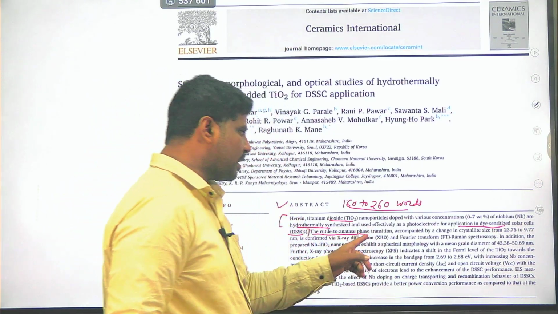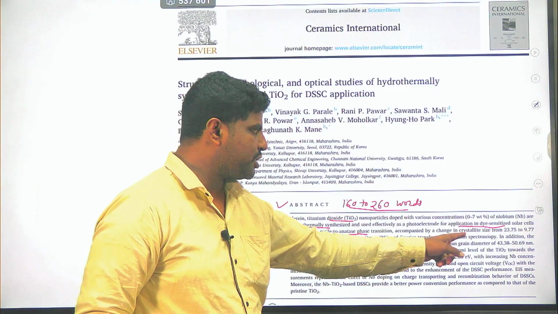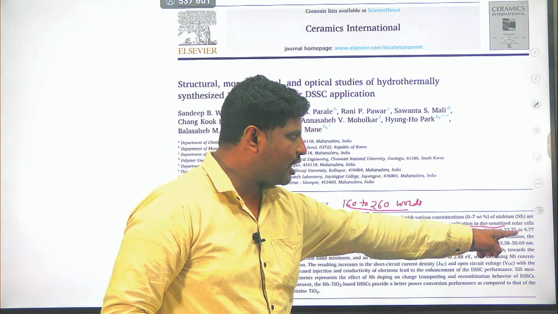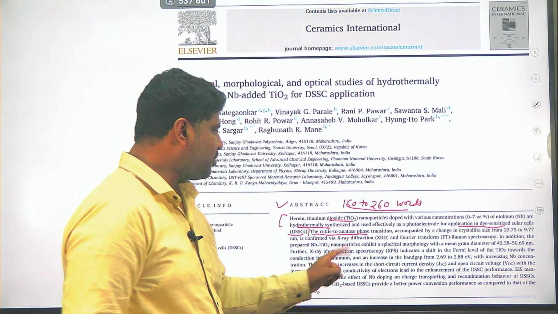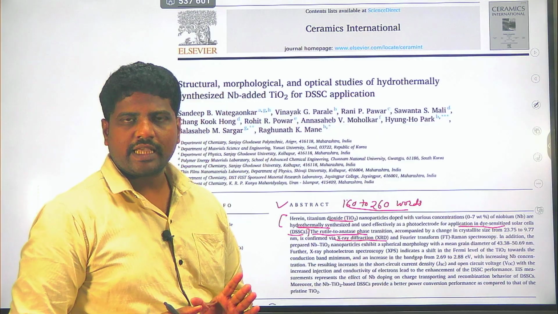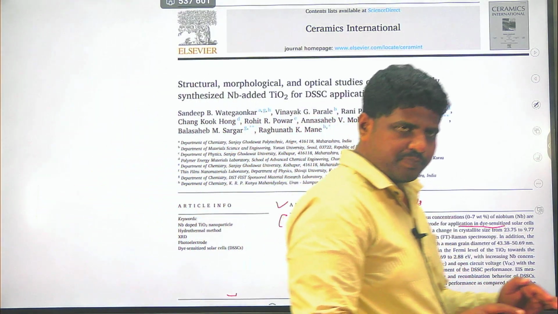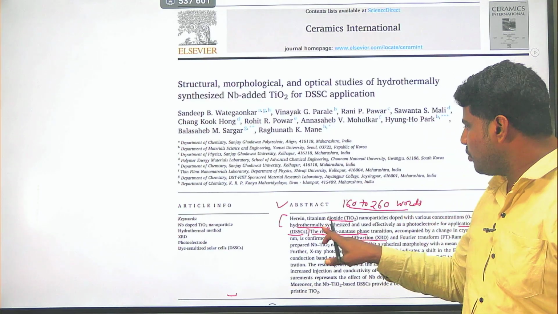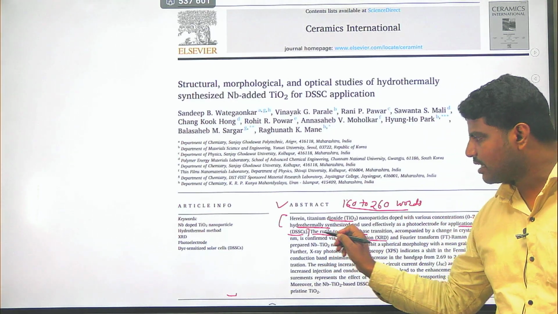If you see here, the first analysis I have taken is X-ray diffraction. So I have written the statement here: the rutile to anatase phase transition accompanied by a change in the crystallite size. The size varies from 23 nanometer to 9 nanometer, as confirmed via X-ray diffraction studies.